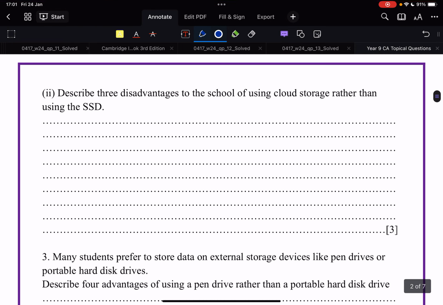Describe 3 disadvantages to the school of using cloud storage rather than the SSD. 3 disadvantages. One of the first ones I want to talk about is that cloud storage has an ongoing cost.